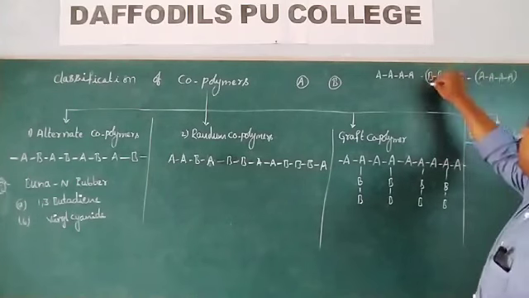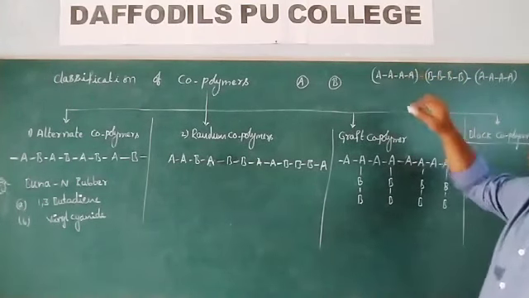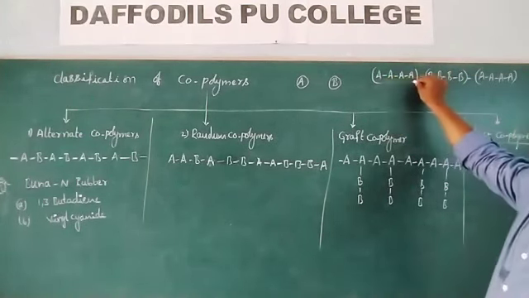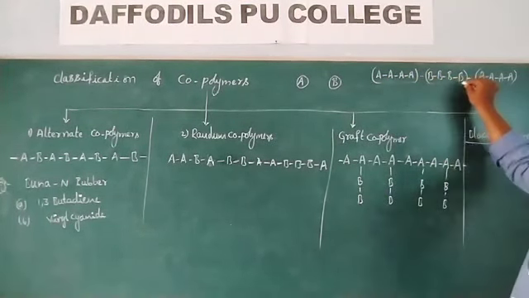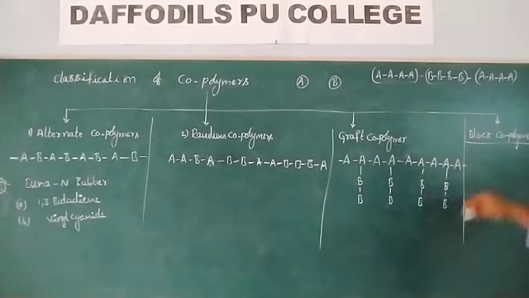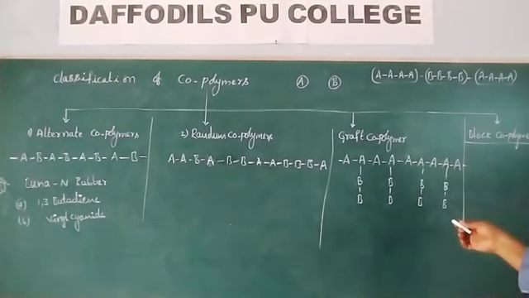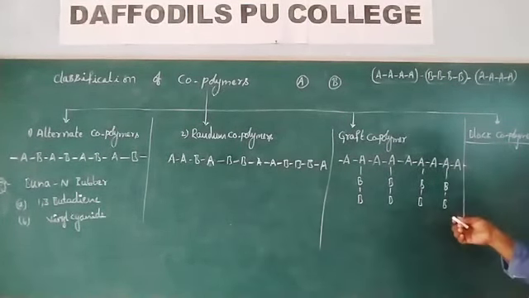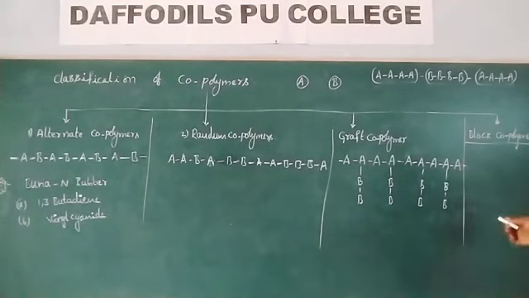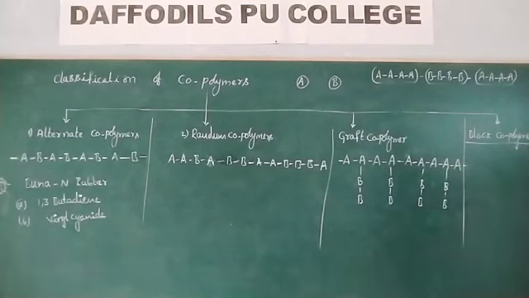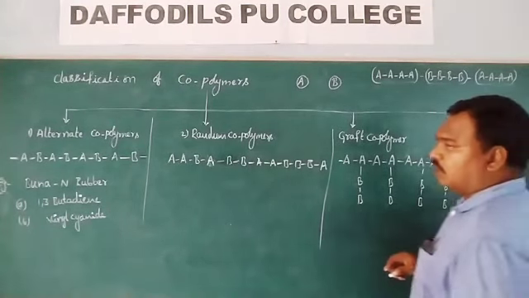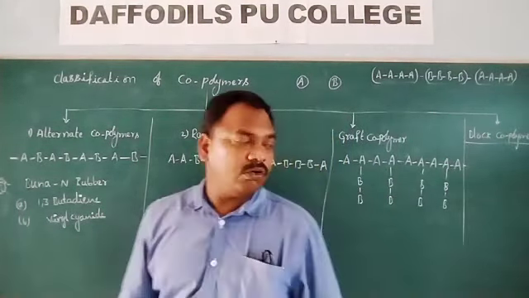Look at the arrangement of these monomeric units. This is a block of A type of monomer, this is another block of B type of monomer, and this is another block of A type of monomer. Like this, we can observe blocks of different monomeric units. So this is about the block copolymer.